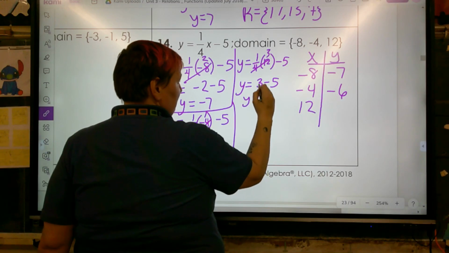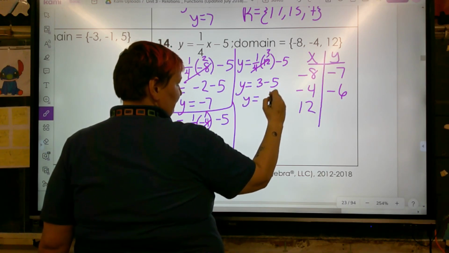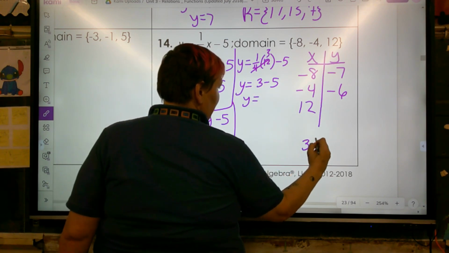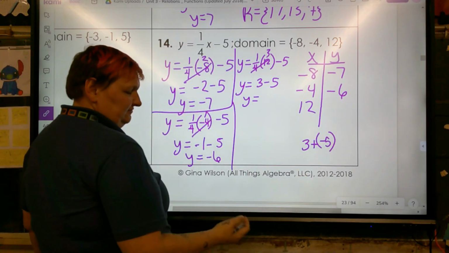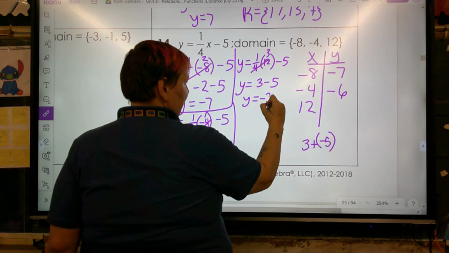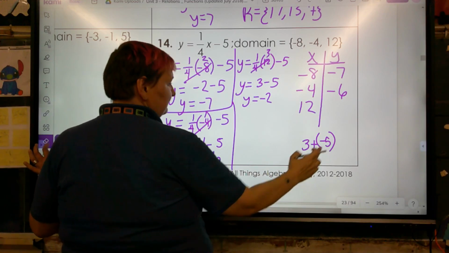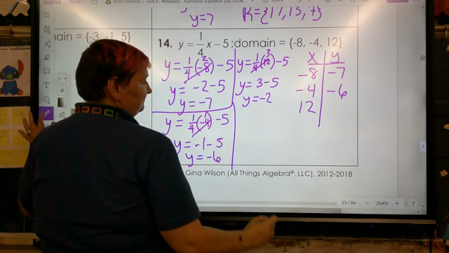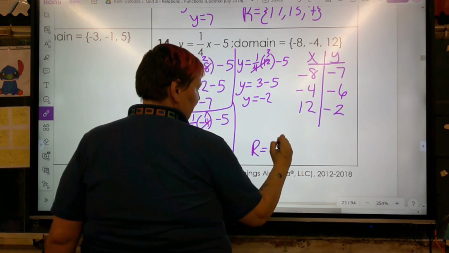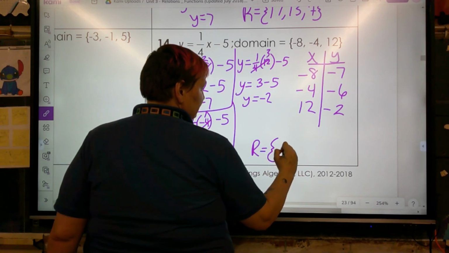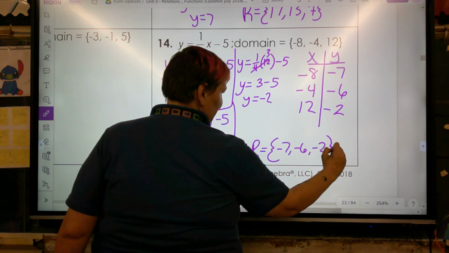So y equals, remember this is the same as 3 plus a -5. So you're left with -2. The range, again, is -7, -6, -2. Oh, all negatives. Interesting.